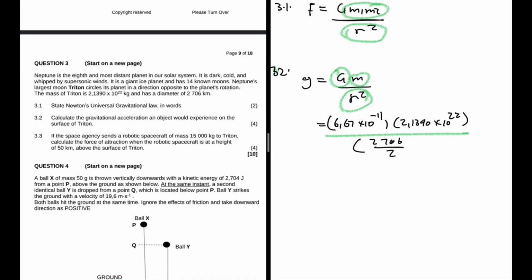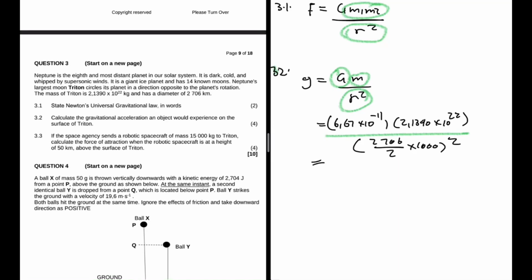But hold on, the diameter is given to us in kilometers, so it's our job to convert it to meters. So we're going to multiply this by 1,000. That is because in 1 kilometer we have 1,000 meters. So we're going to square that, and then let me punch that in my calculator.